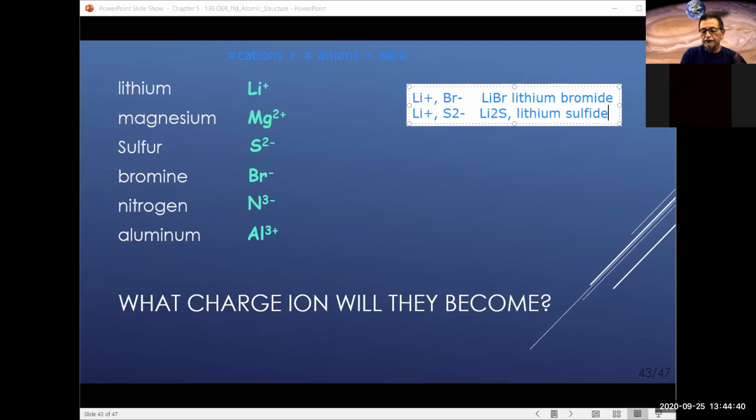Now here you have access to all of them. You can combine the lithium with the sulfide, the bromide, and the nitride. So you have 3 compounds there. You can do the same with magnesium: magnesium sulfide, magnesium bromide, magnesium nitride. Or you use the aluminum.